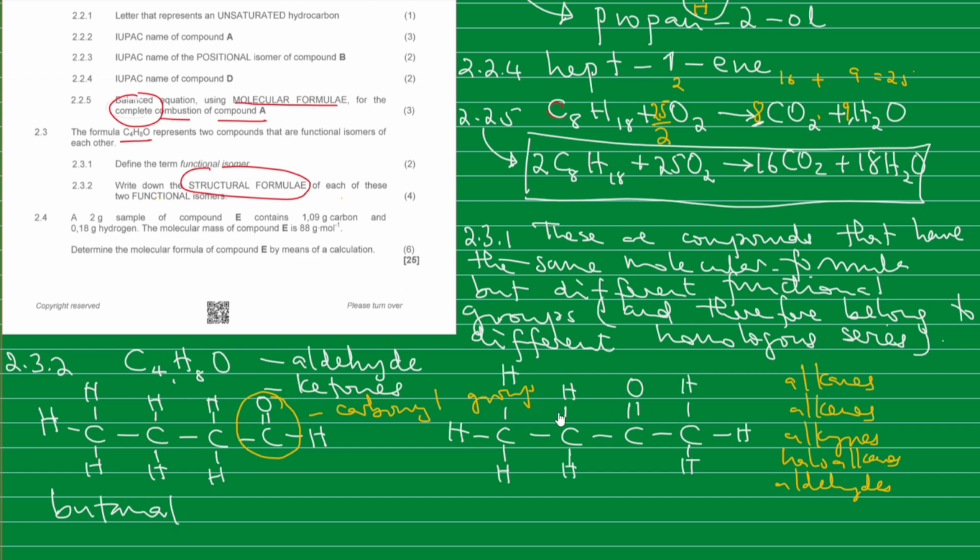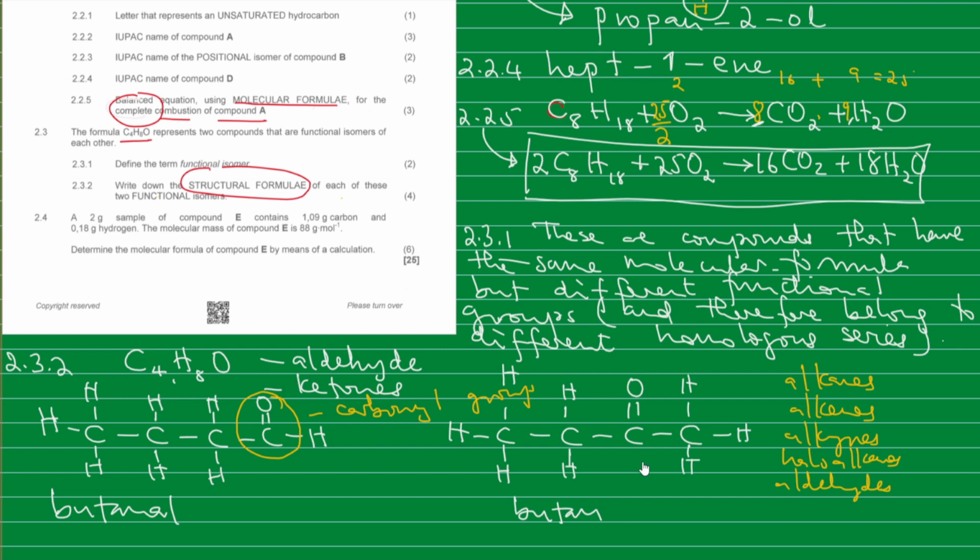Our functional group now is a carbonyl between 2 C's. Before, it was a carbonyl bonded to 1 H. So now it becomes what is called a ketone. The IUPAC name for that one will be butanone.